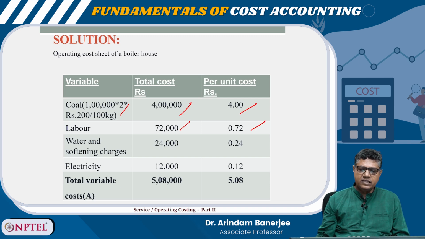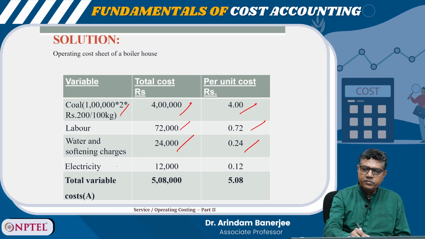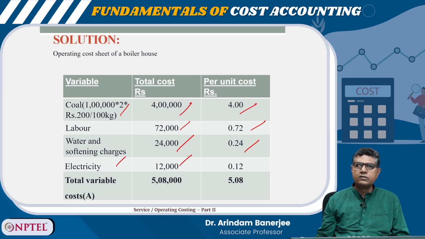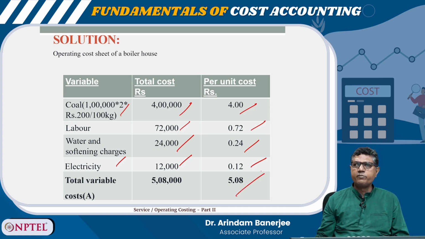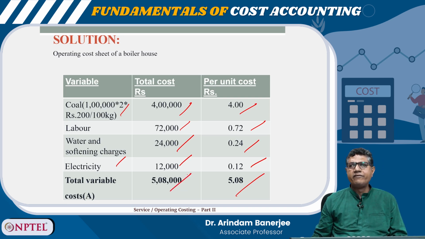Water and softening charges total cost is 24,000. So, per unit cost is 0.24. Electricity total cost is 12,000. So, per unit cost is 0.12. If I add, per unit cost is coming 5.08 and total cost is coming 5 lakh 8,000.